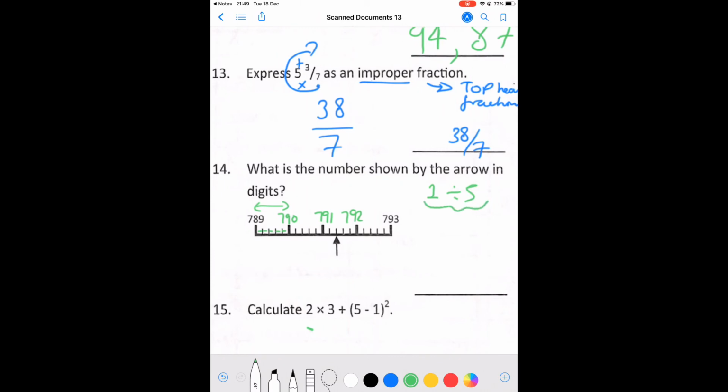So 1 divided by 5 gives us 0.2. So we are counting in 0.2s. So 791.2, 791.4. So that'll be 791.4.